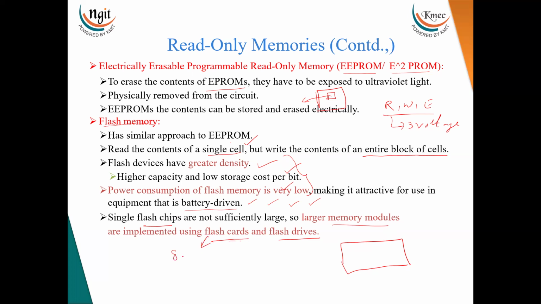These are available in the range of 8 megabyte, 16 megabyte, and 64 megabyte. By using 64 megabyte, we can store one hour of audio recording. These are the flash cards.